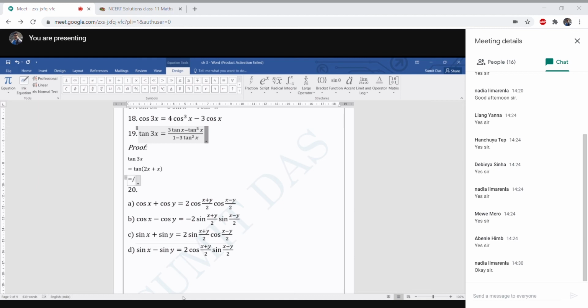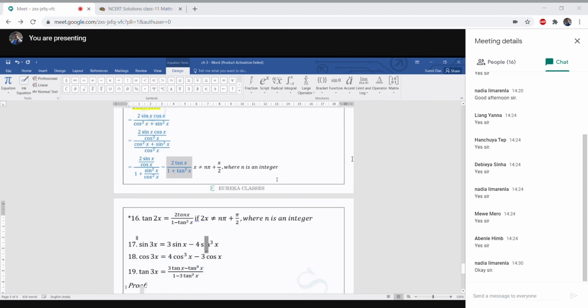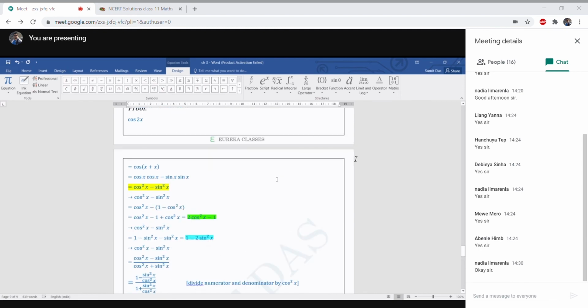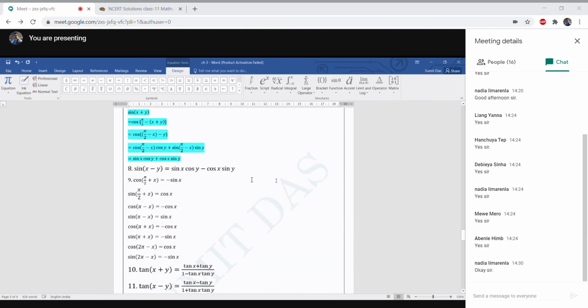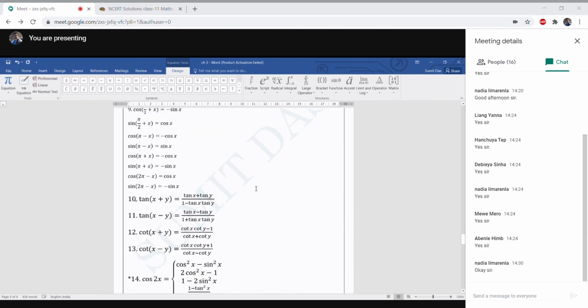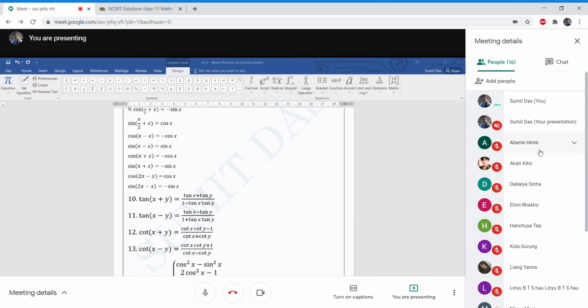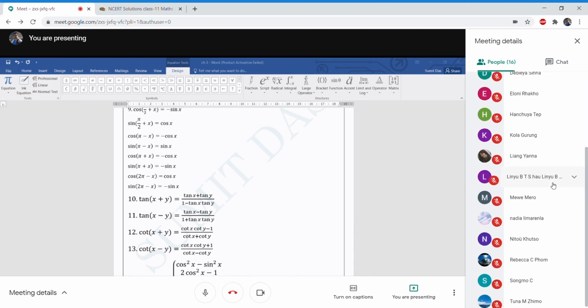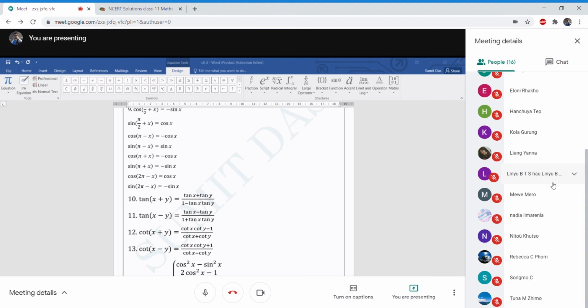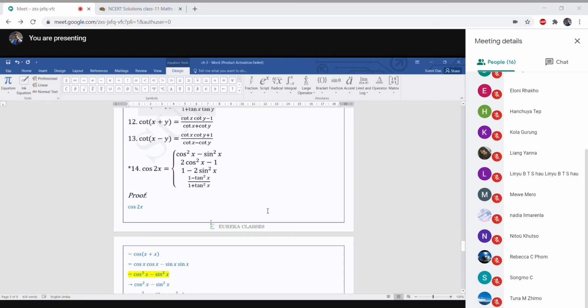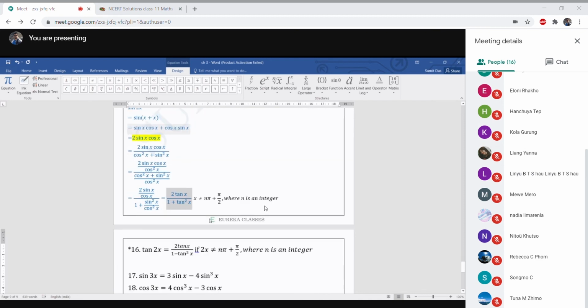What is the formula? The tan x plus y formula. This is number 10. The tan x plus y formula is tan x plus tan y divided by 1 minus tan x tan y. So we can use the formula.